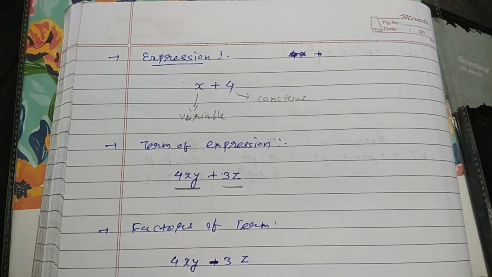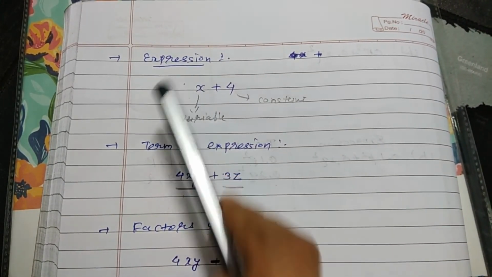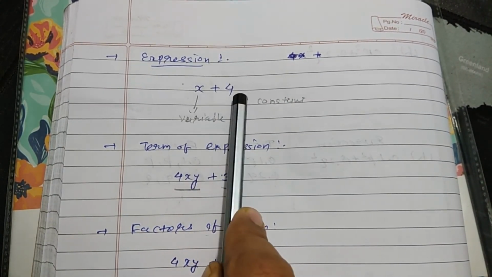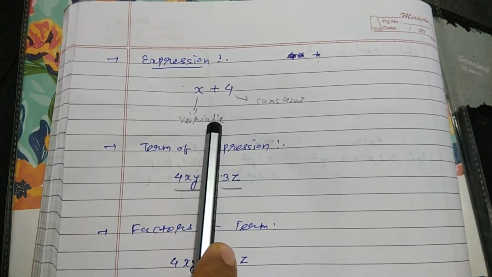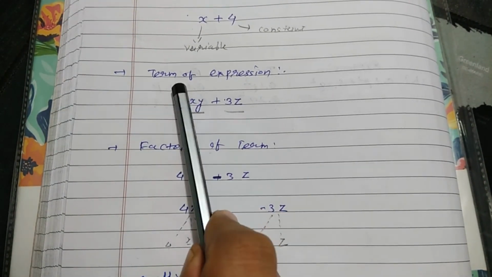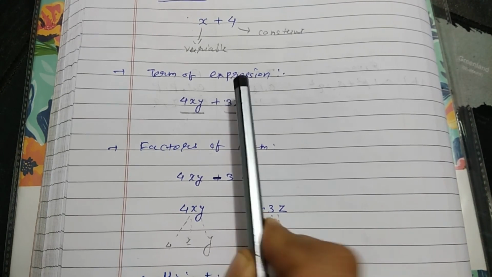Let's revise what we have learned. We have learned about expressions. x plus 4 is an expression. In this x plus 4, x is a variable and 4 is a constant. Then we learned about terms of an expression.